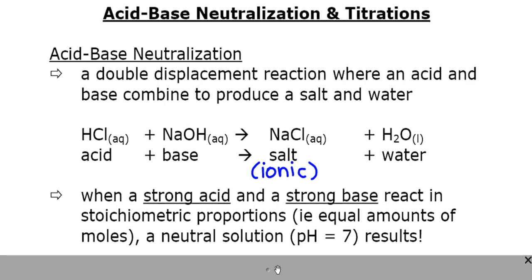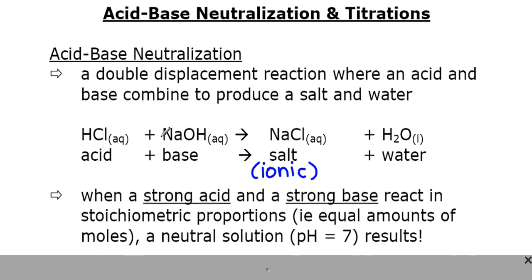When you're dealing with a strong acid and a strong base, so think back to your list of strong acids and bases, any one of those, if two of those react together in the right proportions according to stoichiometry, so what that means is if they react in equal amounts of moles that are required, you end up with a neutral solution or a pH of 7. So in the example that's shown up here, we have a strong acid, hydrochloric acid.